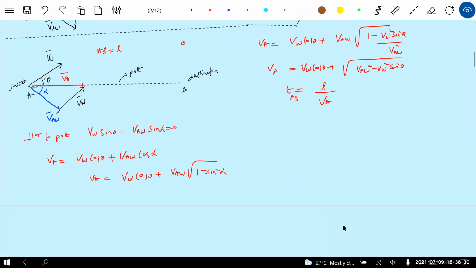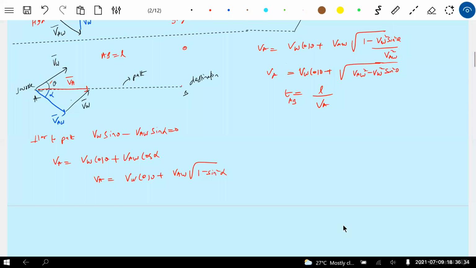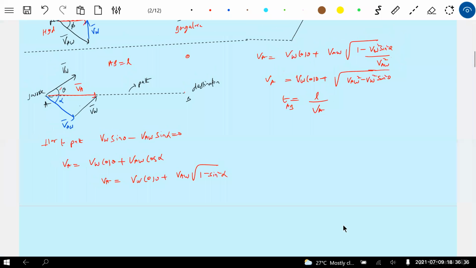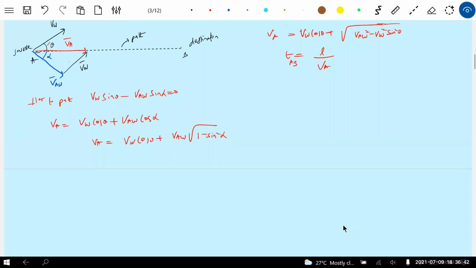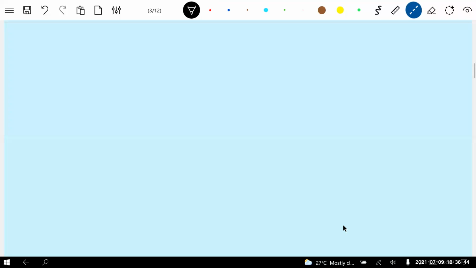In the above diagram, we'll make point B as the source, keeping the direction of wind the same.